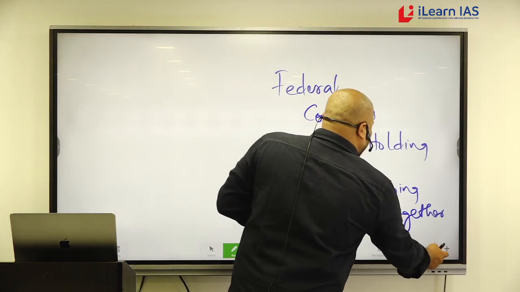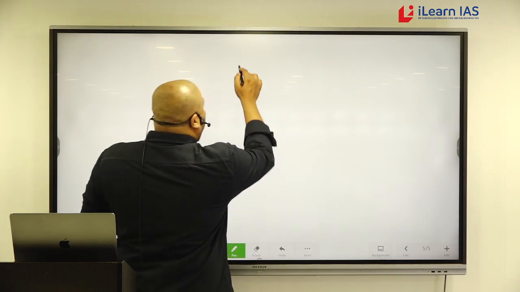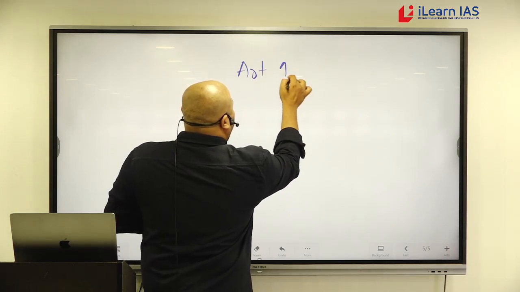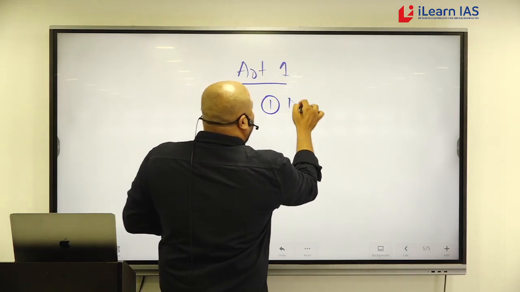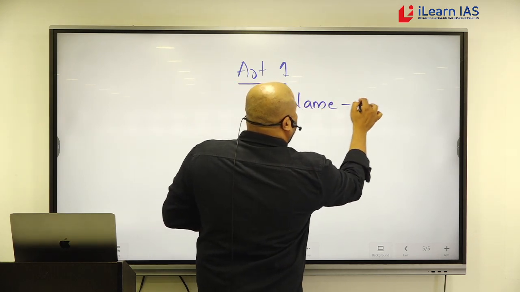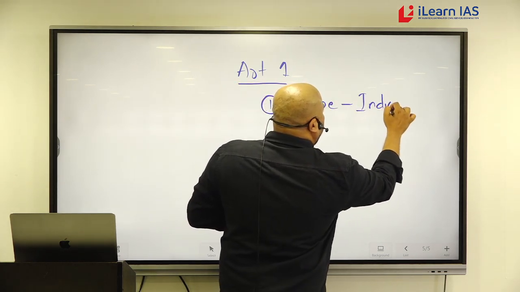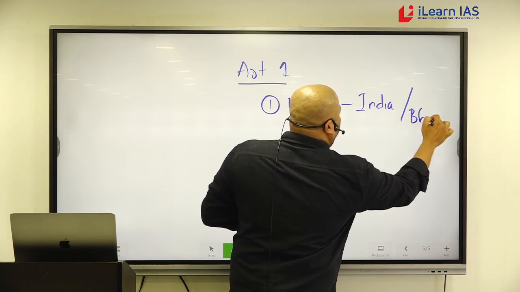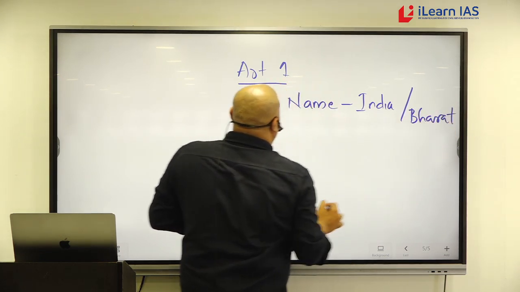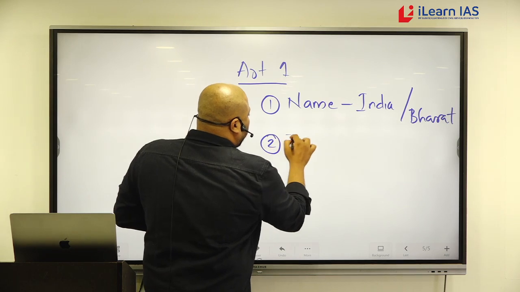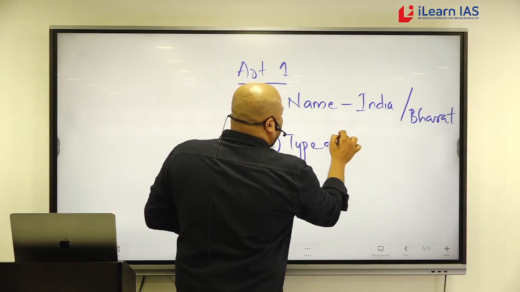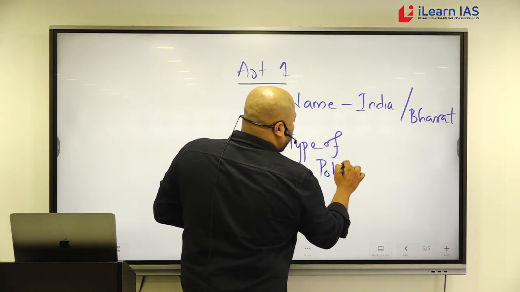So let's consolidate all this information about Article 1. First point, the name of the country, India or Bharat. We have adopted both the names, right? The second point is with respect to the type of polity.